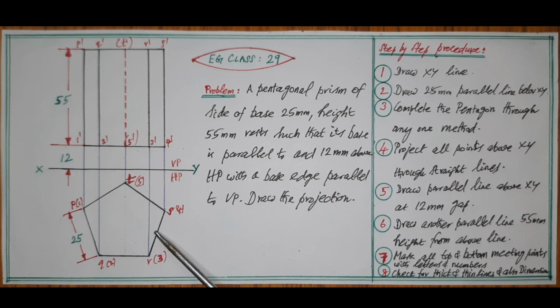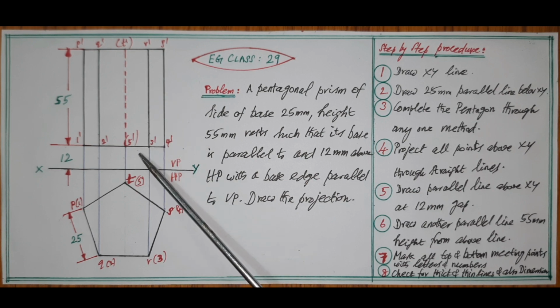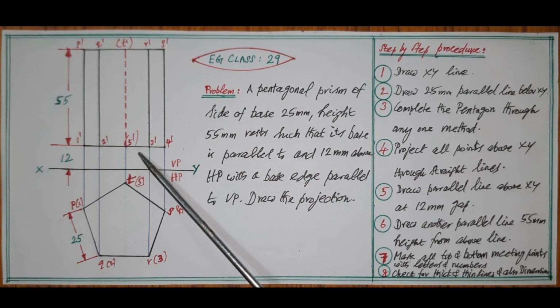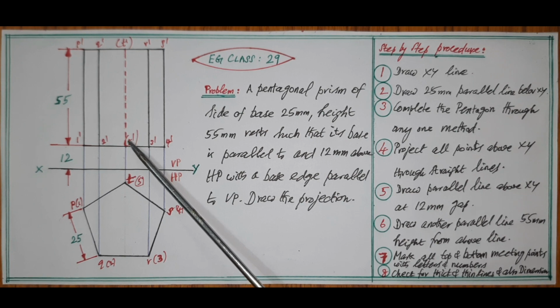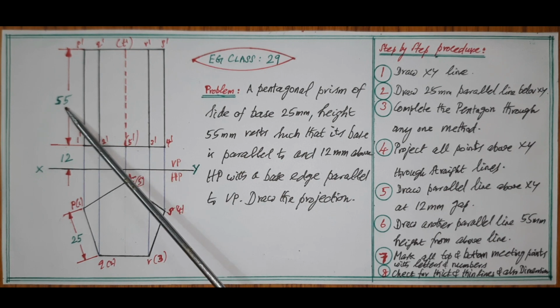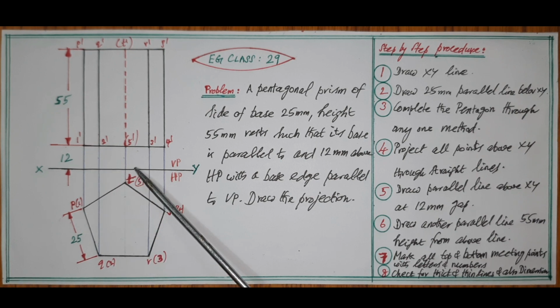The invisible edge based on line T dash 5 dash, shown within bracket, should be shown in dotted line as shown here in the front view. Also mark the required dimensions. All views are now completed as per requirement.